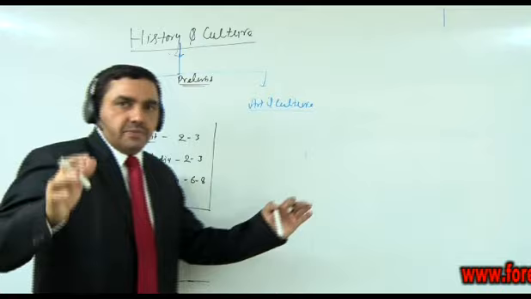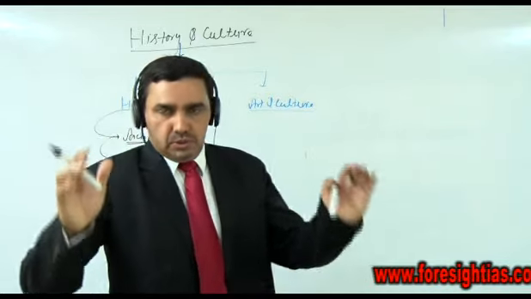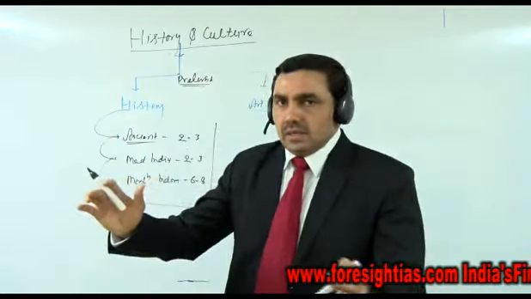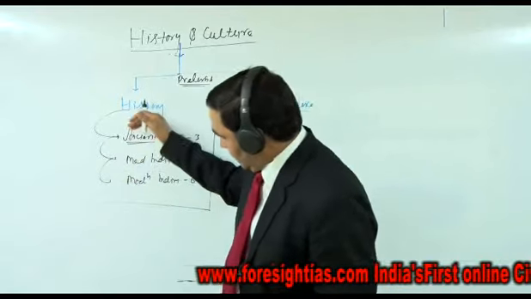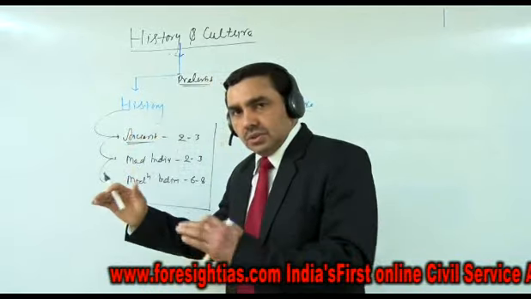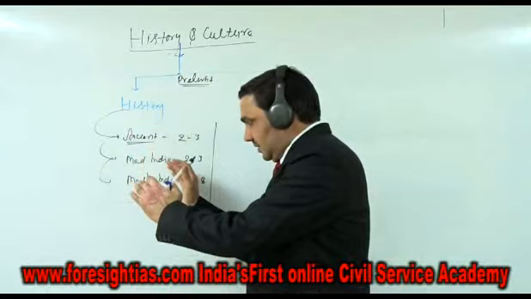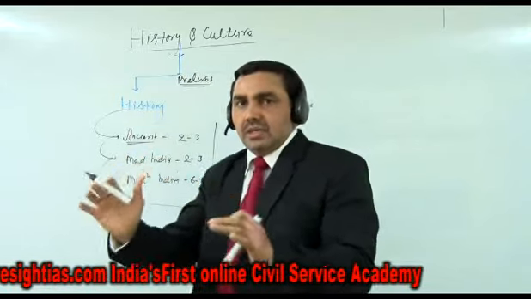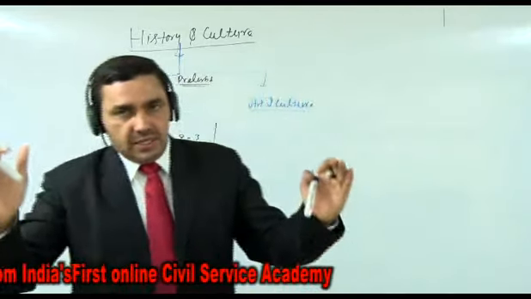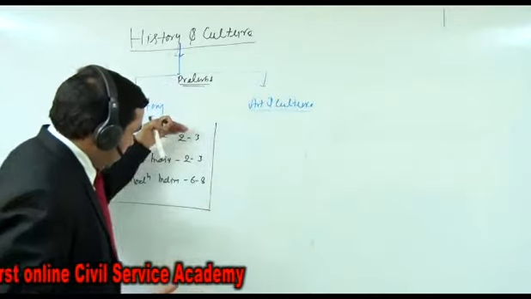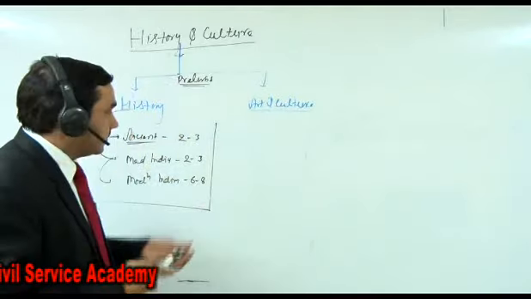It means when you start preparing, you have to focus more onto modern India. Of course, you have to prepare ancient and medieval as well, but you should not worry too much about these two dimensions because relatively modern India is much more important than your ancient and medieval. Of course, we cannot afford to neglect any of these.